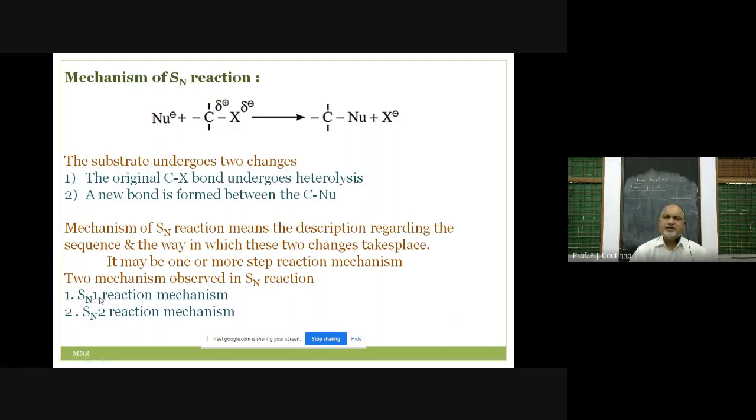SN1 is also denoted as SN dash, and SN2 is also denoted as SN double dash. So these are the mechanisms which have to be understood.